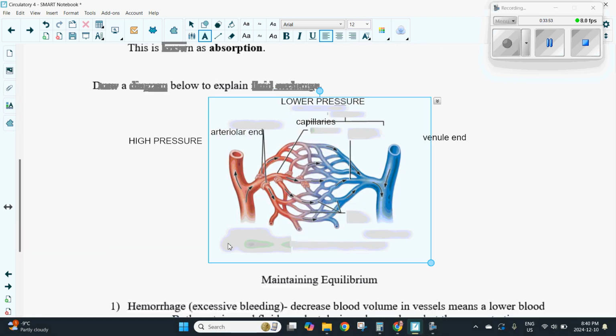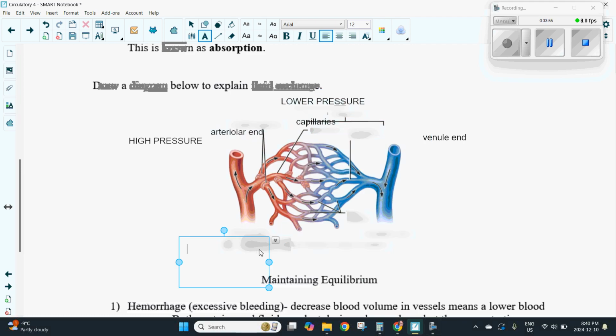So I'm going to put on the bottom here, on the arteriolar end, we have filtration.